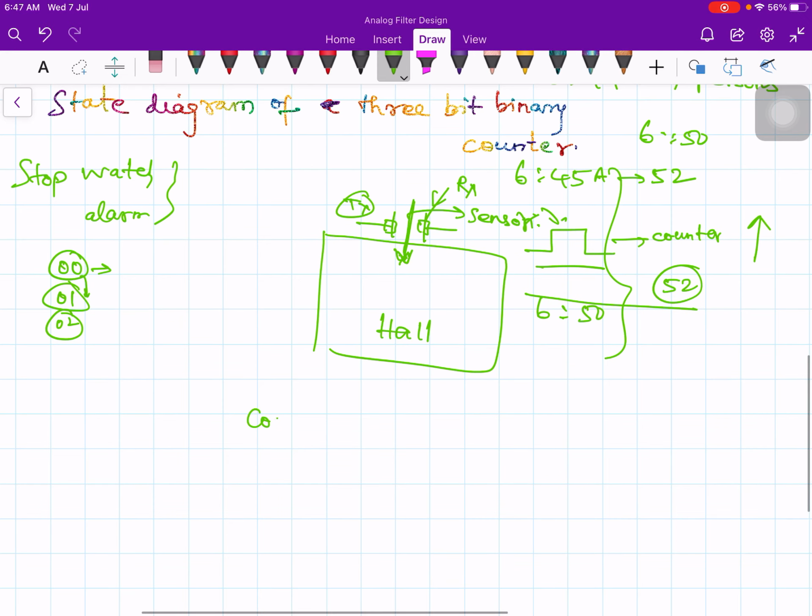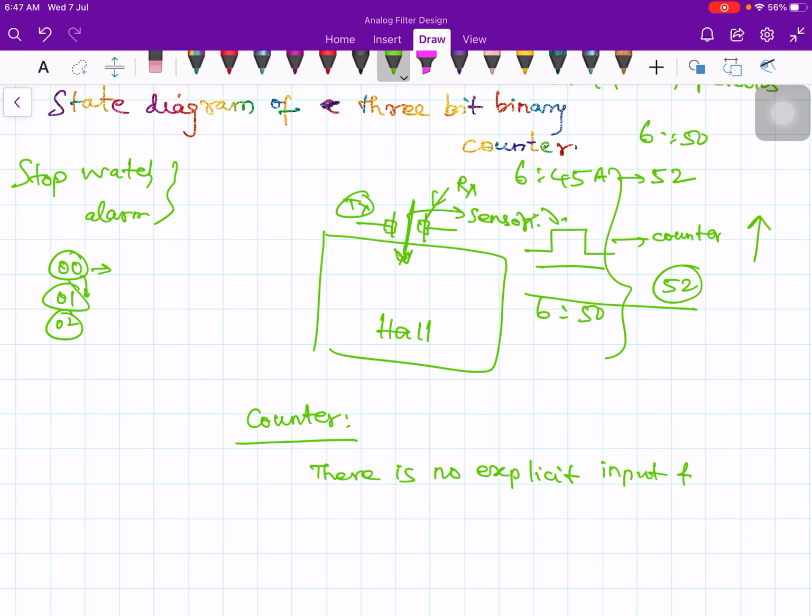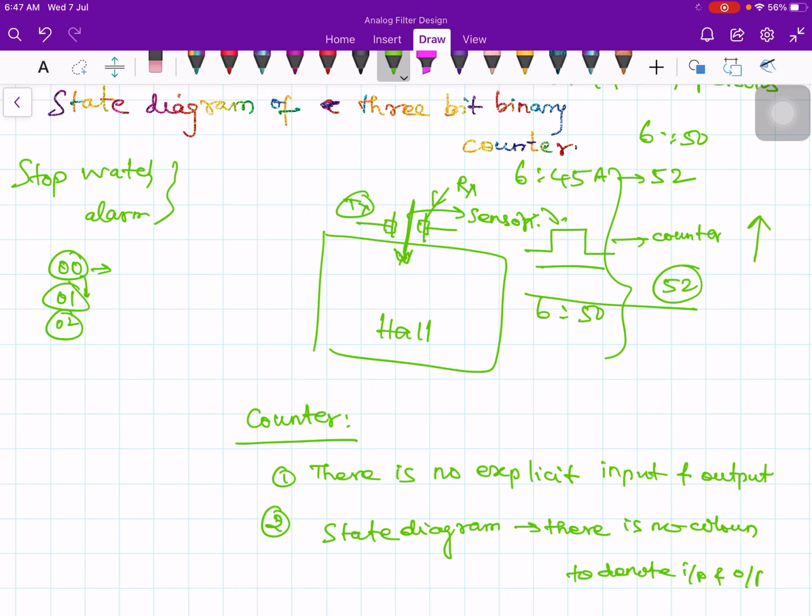Therefore, while designing counters, there are two things you need to remember. First point: there is no explicit input and output. And second point: in the state diagram there is no column to denote input and output.